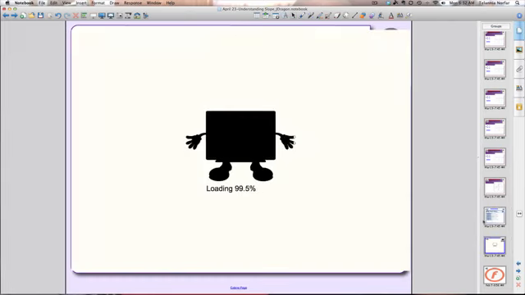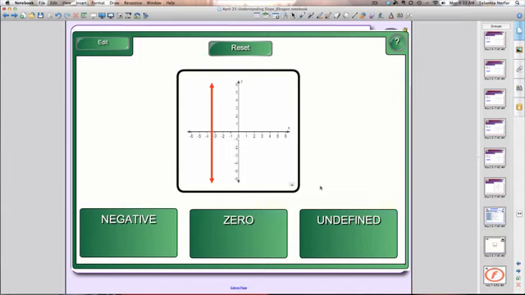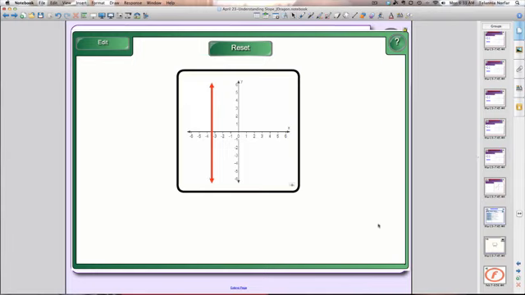Okay, now for some more fun practice. Okay, again, go to the notebook file. This is a few problems for practice. All you have to do is hit the picture and then determine whether it's a negative, zero, or undefined slope. Well, it's undefined. Good job.